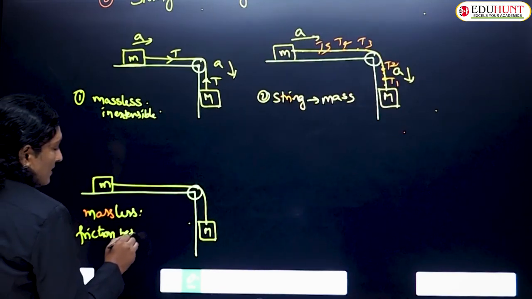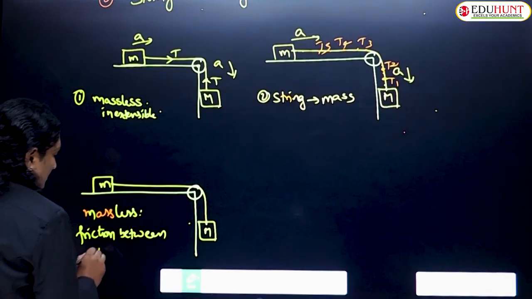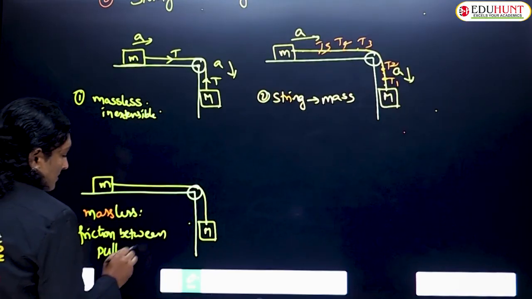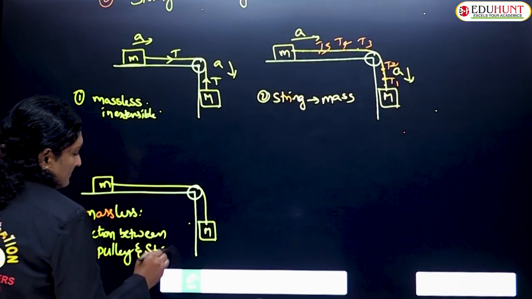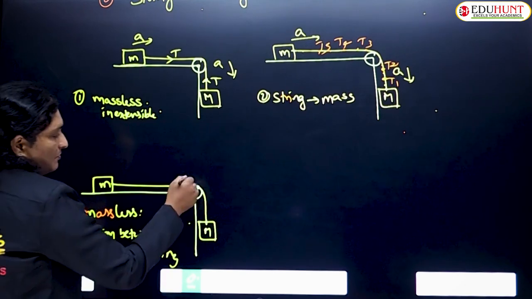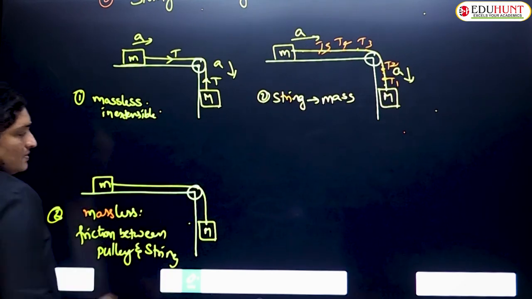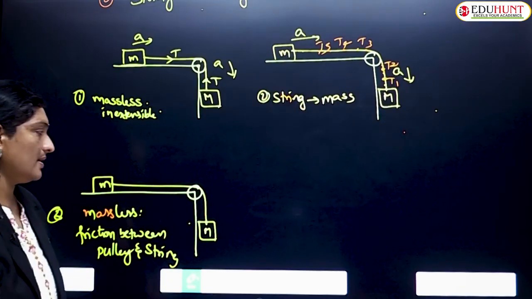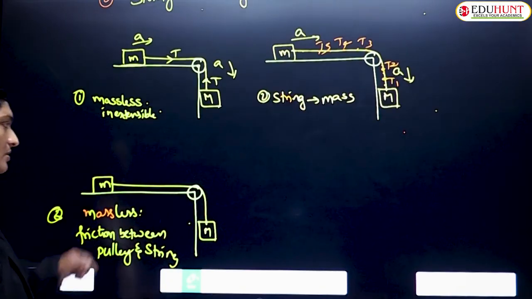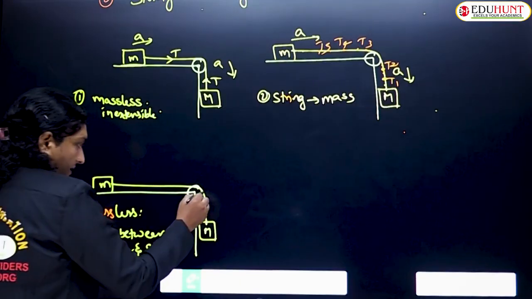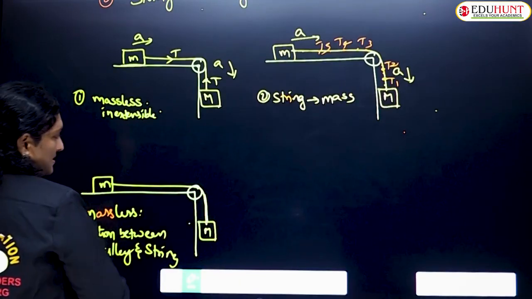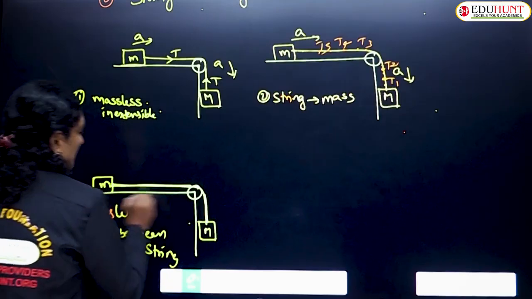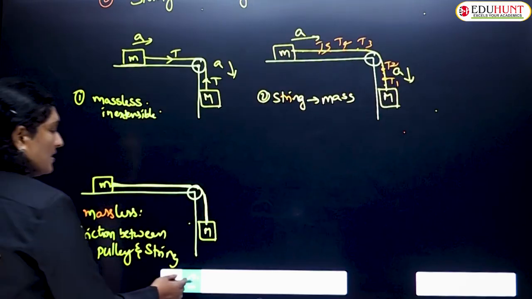Some friction is there between the string and the pulley. So in that case, you need to understand that the tension in one part of the string will be different from the tension in the other part of the string.